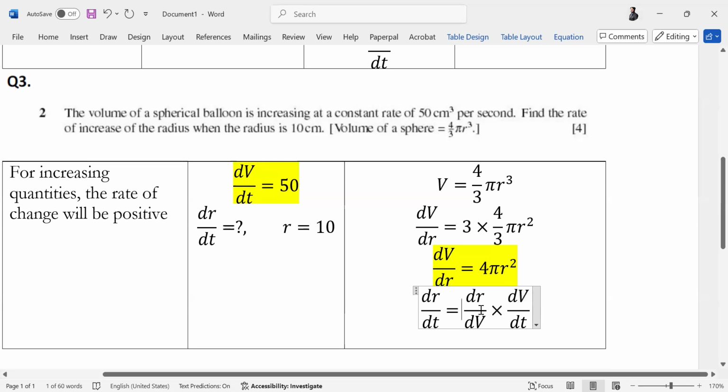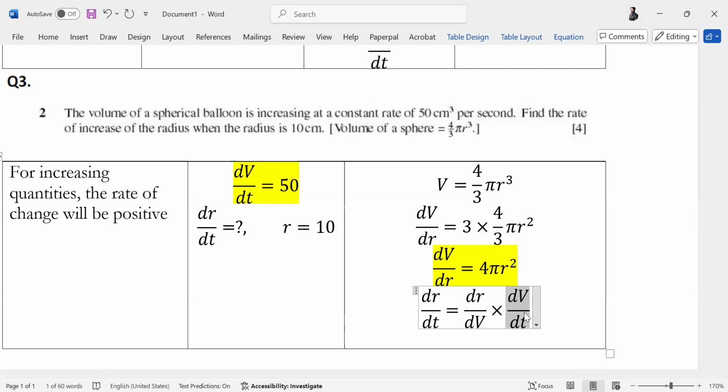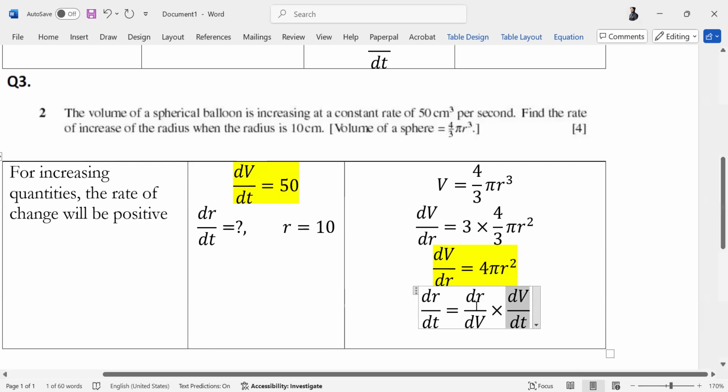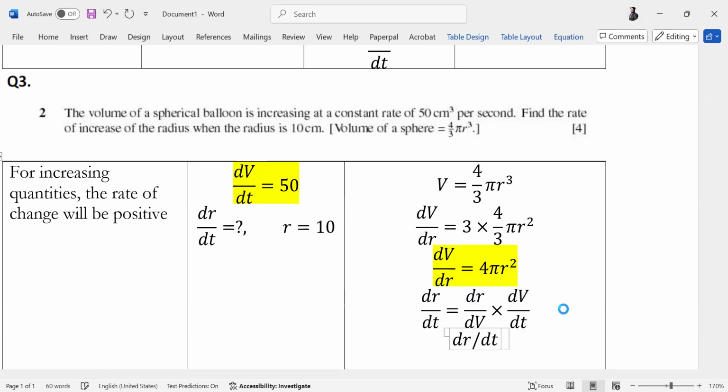Obviously, we'll be using the two derivatives as it is. But just for our satisfaction, have we made the chain rule in the right way? Yes, we have. But do we have a dr by dv? Yes. So dr by dt is 1 over 4 pi r square.